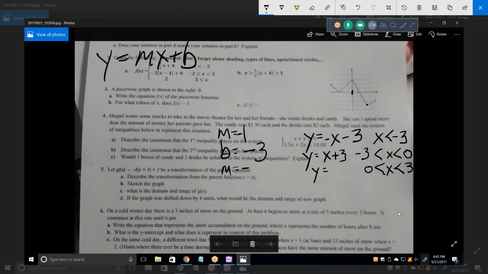Rise over run: down 2 over right 1 means 2 over 1. We can see it's a negative slope, so the slope's got to be -2 over 1. That's why everybody says up and over, because you're looking for a fraction. What it really is, is 2 over 1.